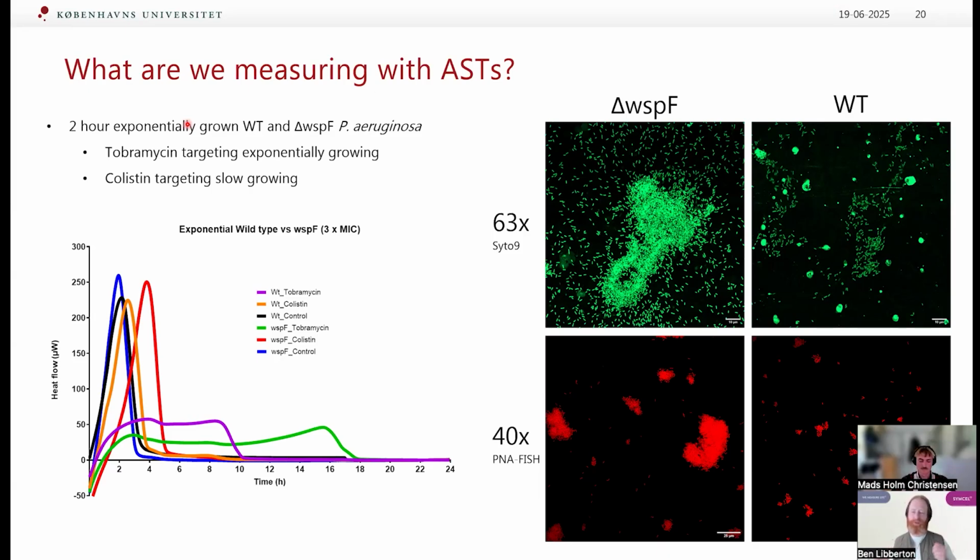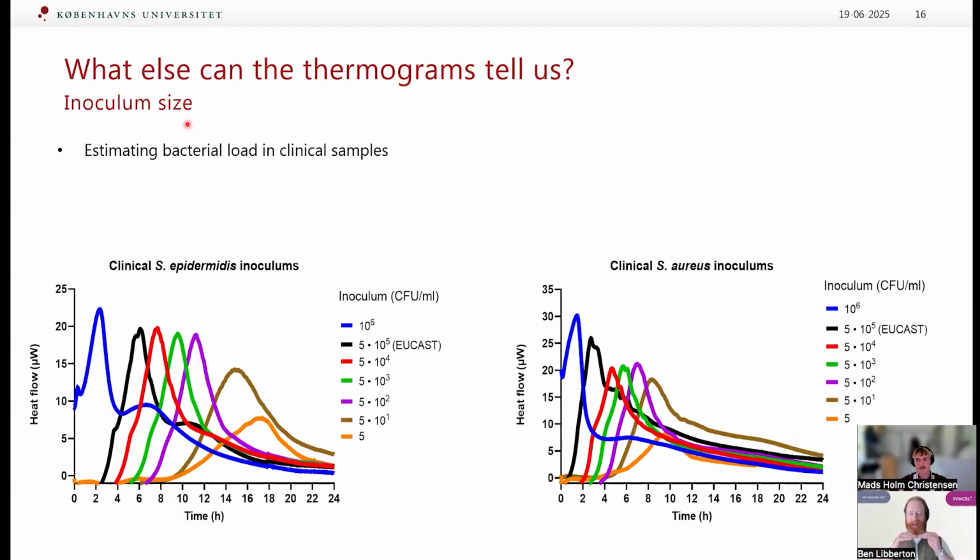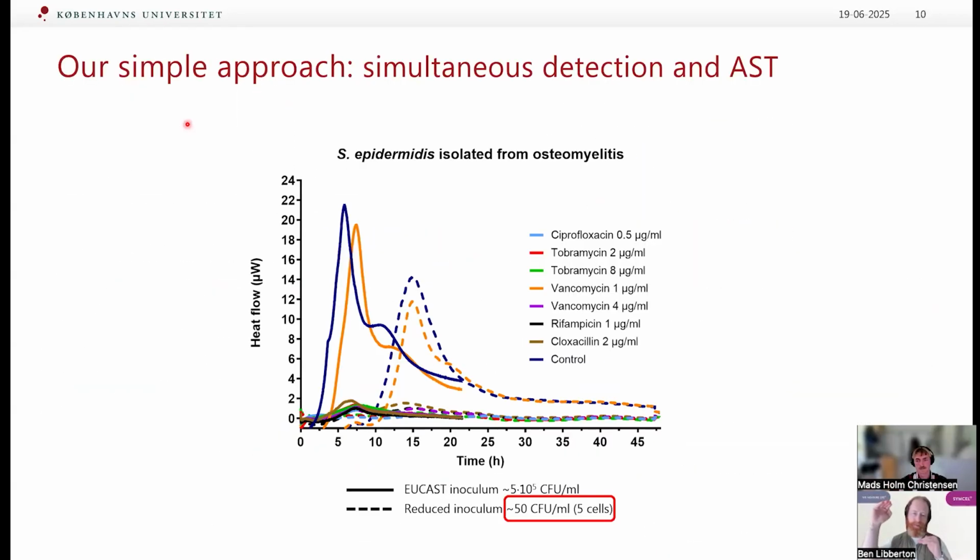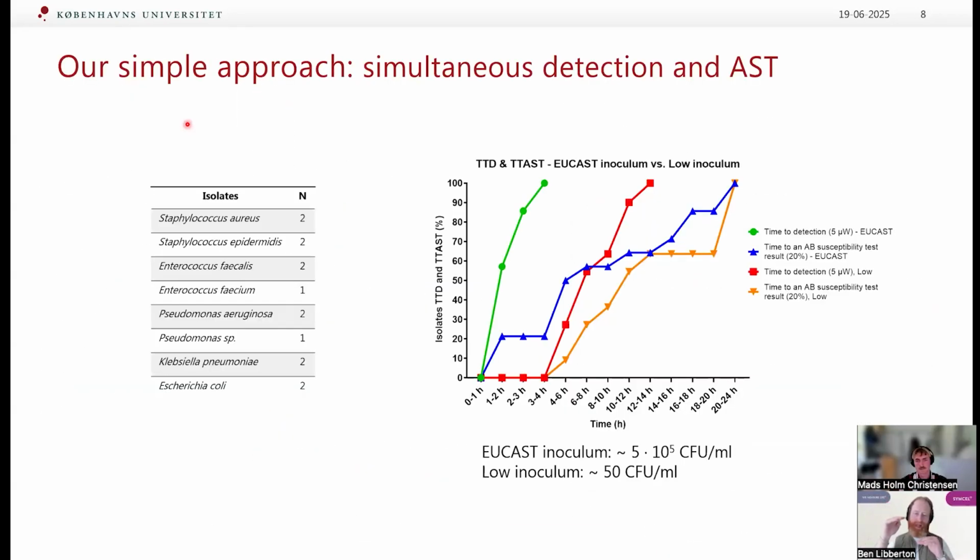But I was just wondering, based on what you see, you showed results of, I think, gram negatives being detected, and you can do the AST sooner. And you also showed this graph where you show the percentage of isolates that you could correctly AST. So I was wondering if before you reach 100% there, if you say did 50%, that kind of gives you information. It narrows down the amount of data points you need for the top half.